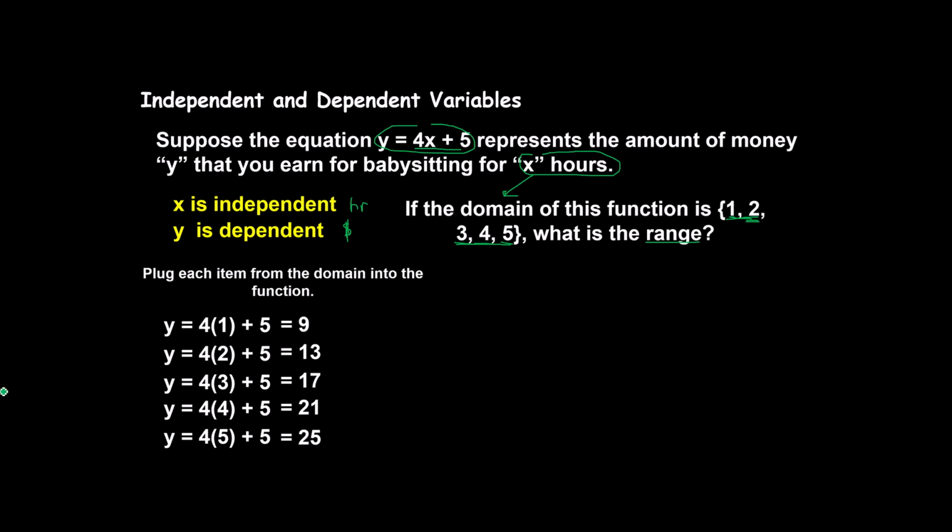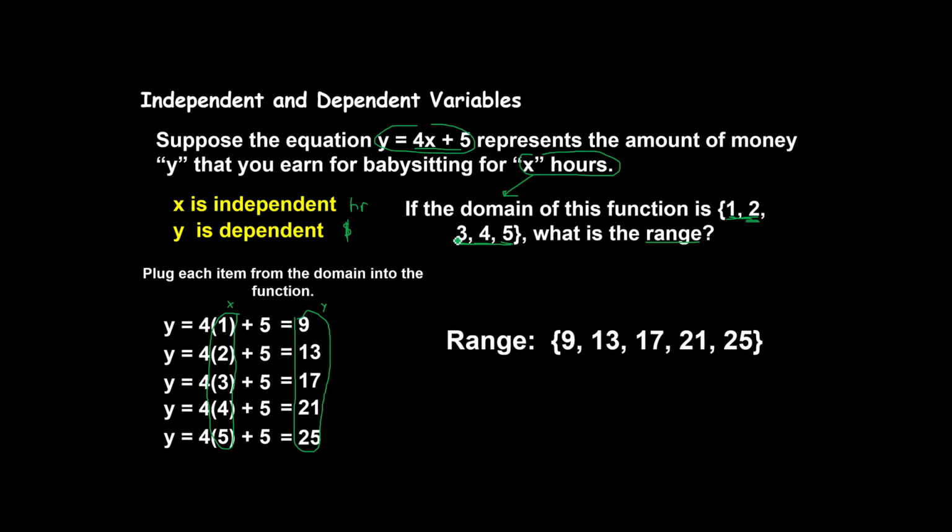The domain was what went into the equation, or into the rule, or into the x position. The output over here is what y equals, or is your range. Your range is 9, 13, 17, 21, 25.